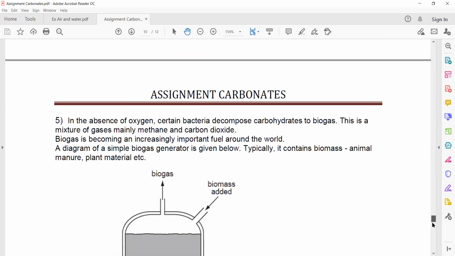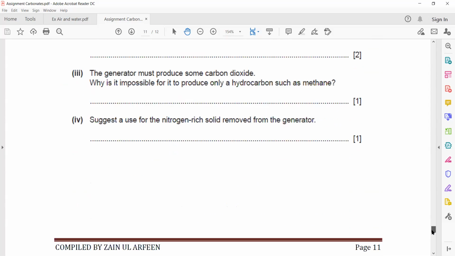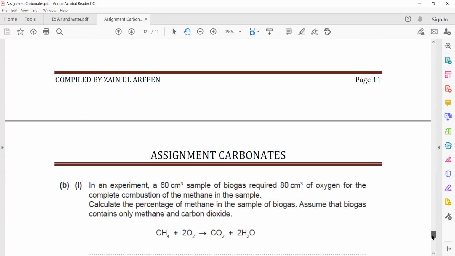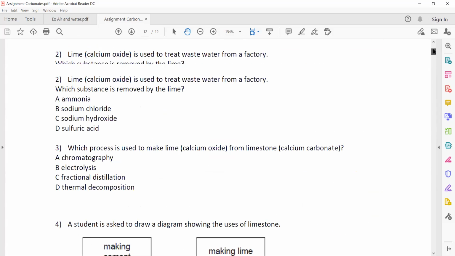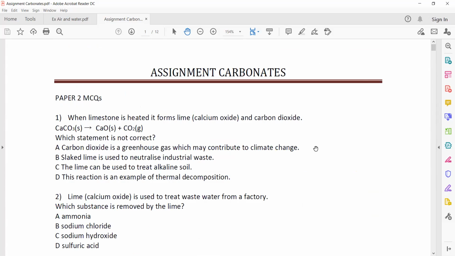So these are the questions related to carbonates. Is it clear? The topic, carbonates?